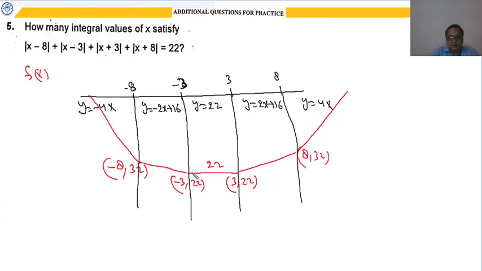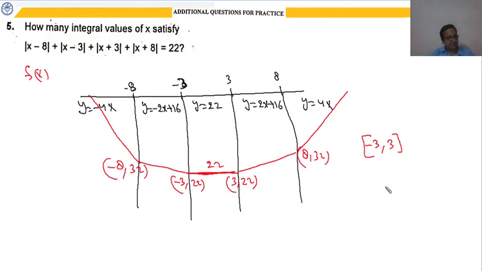And values increase. If the question had been how many values of x satisfy this equal to 22, then all the values from minus 3 to 3, all real numbers, both included, because in this part it becomes independent of x. But it says how many integral values. So we have to give integral values.